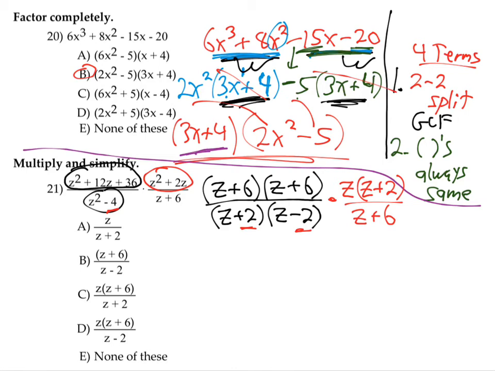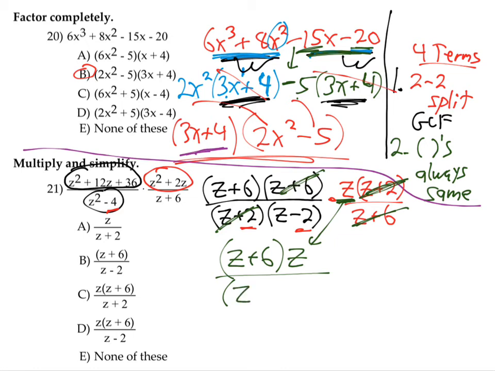All right, so after all that factoring, then we just cancel what matches, huh? Z plus 6, z plus 6, z plus 2, z plus 2. So what are we left with? Z plus 6 on the top, along with a regular z, right, this guy.